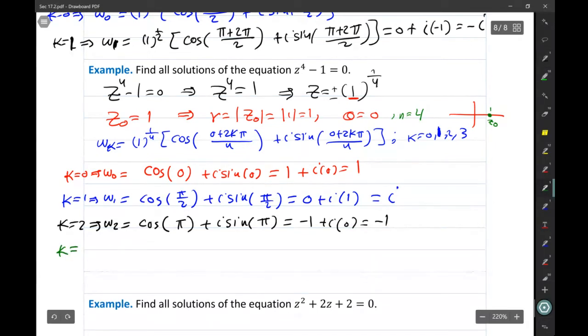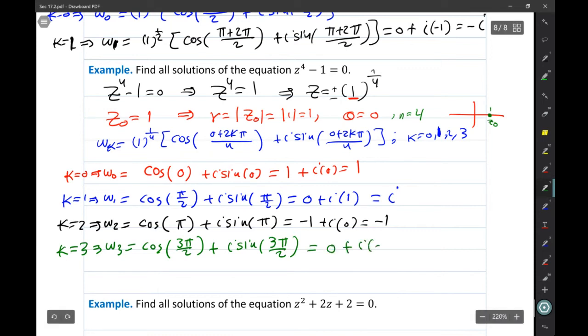Now the last one, when k is equal to 3, you will get W3, which is cosine 6 pi over 4, which is 3 pi over 2, plus i sine 3 pi over 2. Cosine 3 pi over 2 is 0, plus i times minus 1, which is minus i.